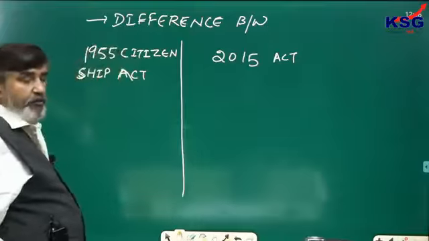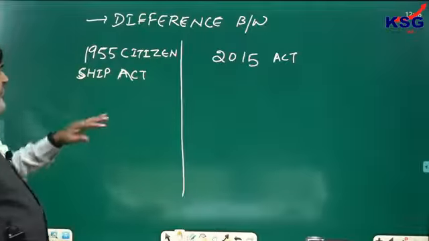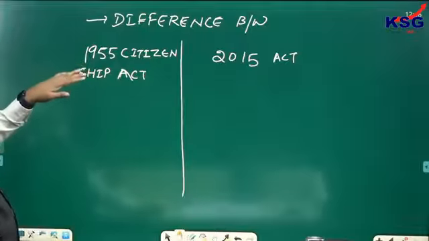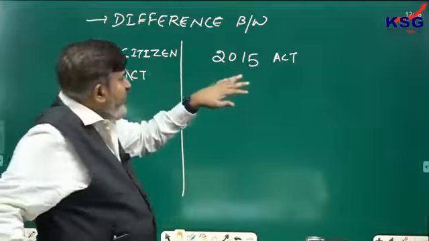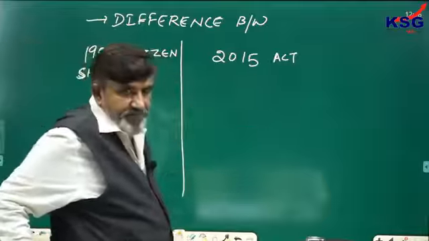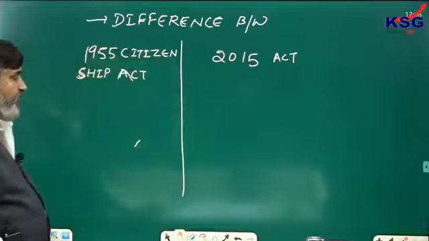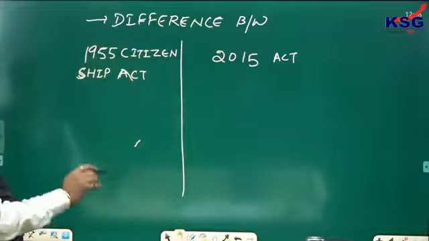See, now we'll be dealing with the difference between the 1955 Citizenship Act and what major changes were brought about in the 2015 Act. So, see, there are four major changes.